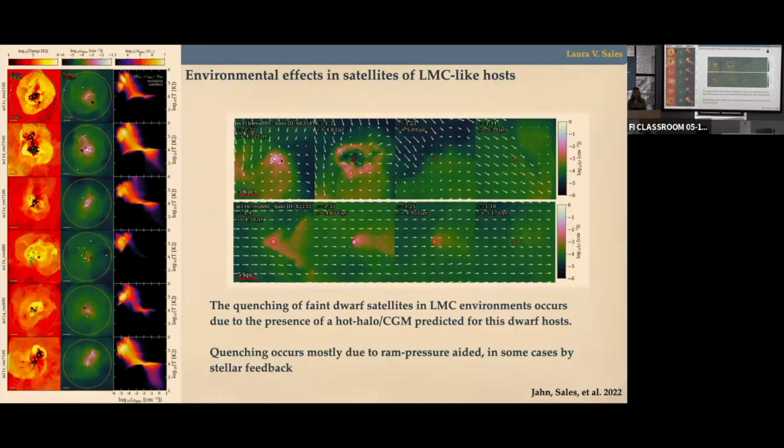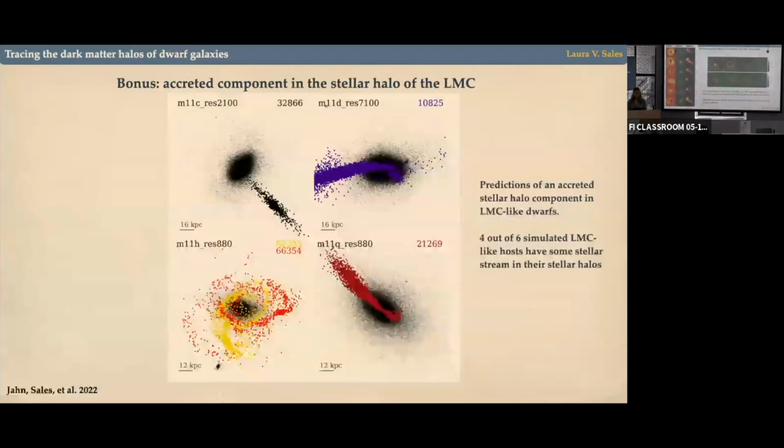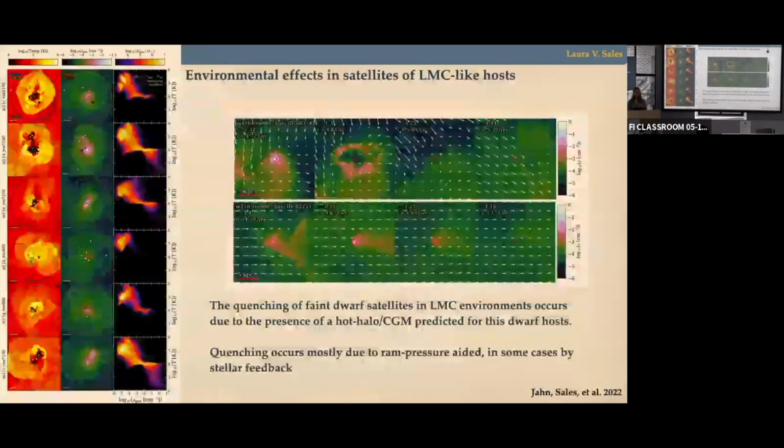This is what you can see at different time points for one particular satellite. It was gas rich, it had a blow-up event, and then nothing came back to it, so it was quenched. And the other one is these tails that form against the direction of the velocity, that is typically associated with ram pressure. All right.